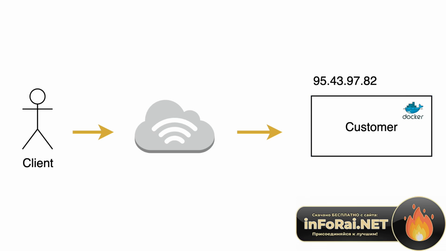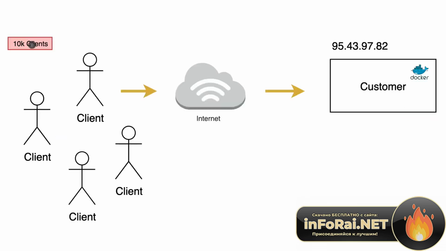So let's say that your application is becoming popular day by day and it's actually receiving more traffic. Let's say that you went from 1 or 3 clients to 10,000 clients using your application.